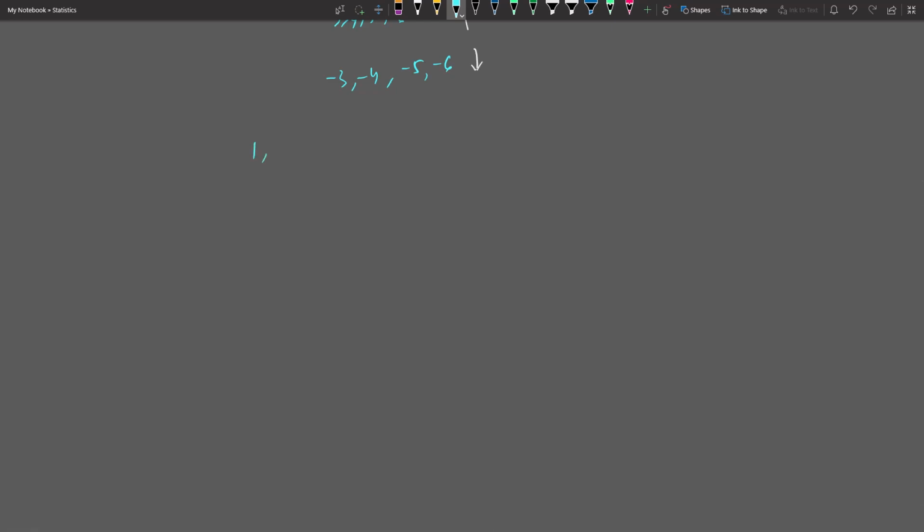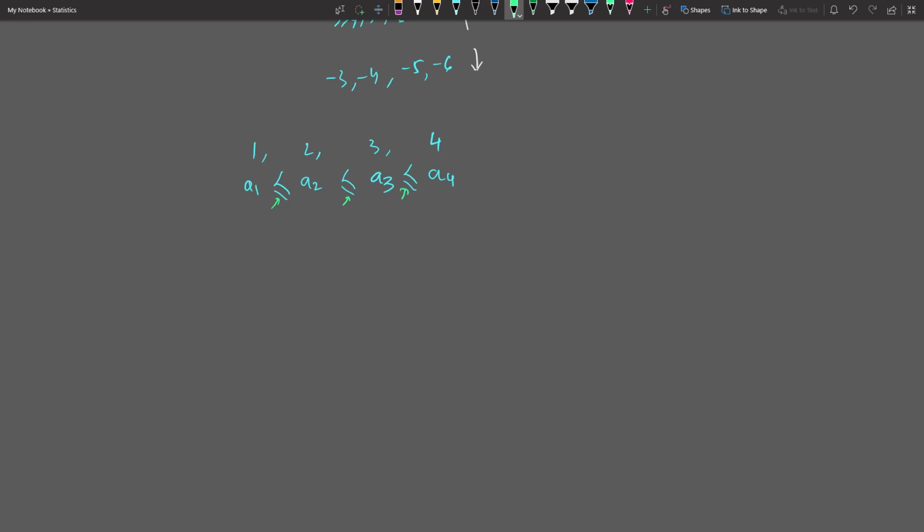If I say 1, 2, 3, 4 and denote these by some notation a1, a2, a3 and a4, you can see here 1 is greater than 2, 2 is greater than 3, 3 is greater than 4. Why am I giving this type of equal to sign? Let you understand.